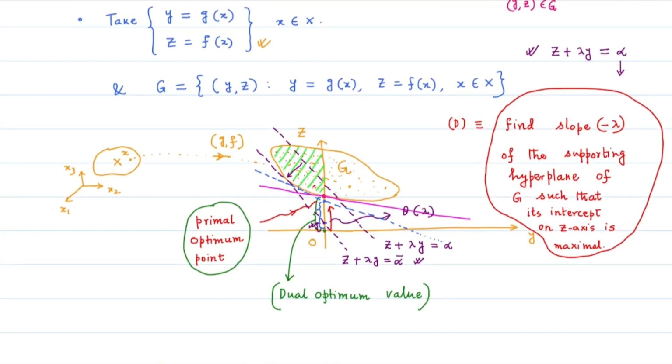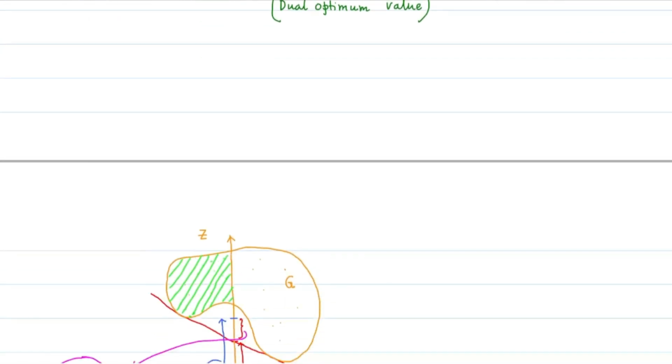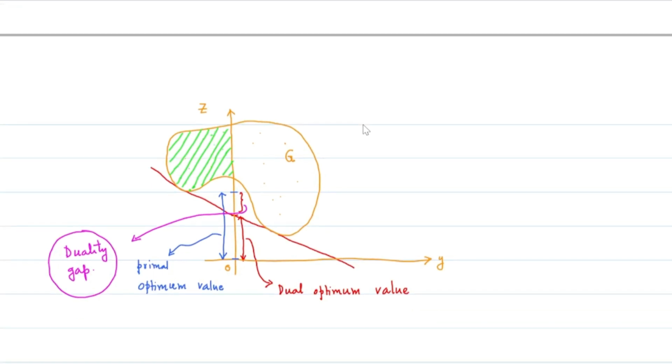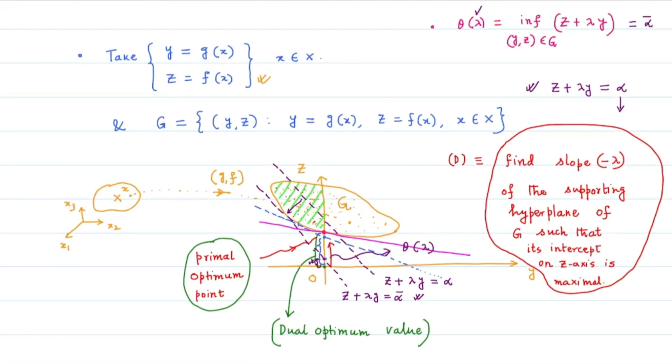And for a convex primal problem, this duality gap is going to be equal to 0, but for a non-convex problem, a positive value of the duality gap is expected. So for a convex optimization problem, we can just go for solving the dual problem and you will get the solution to the primal problem, right?